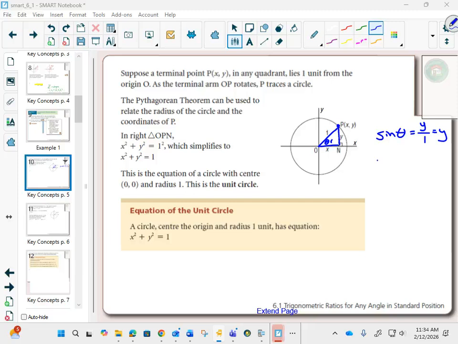And if I do cos, well, that would be adjacent over hypotenuse, which is x over 1, which is just x. And if I would do tan, I get tan of theta is opposite over adjacent, which would be y over x.